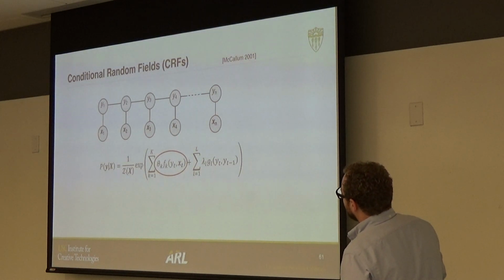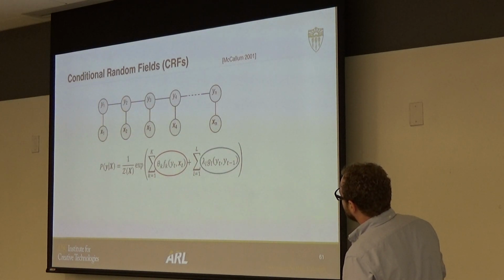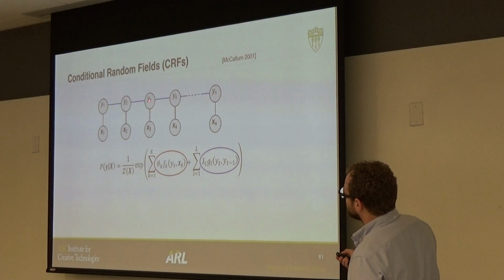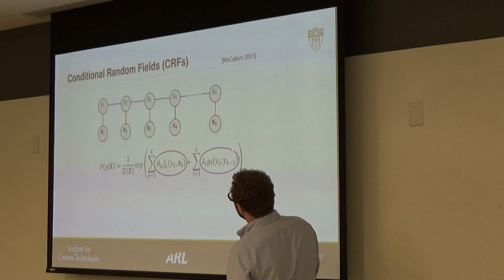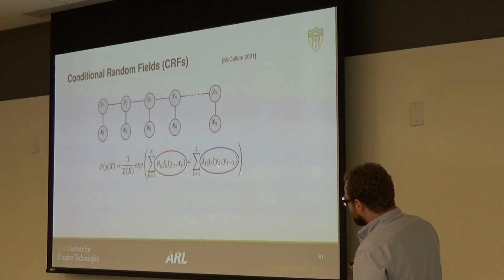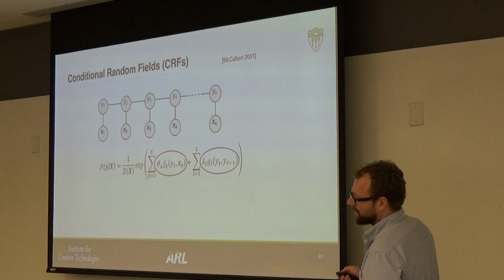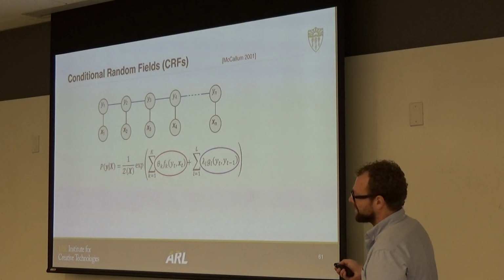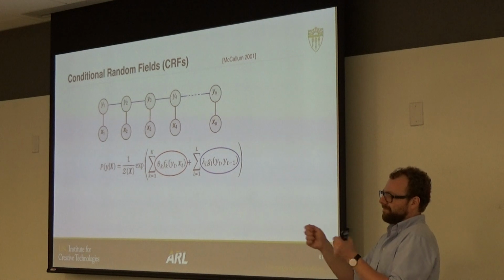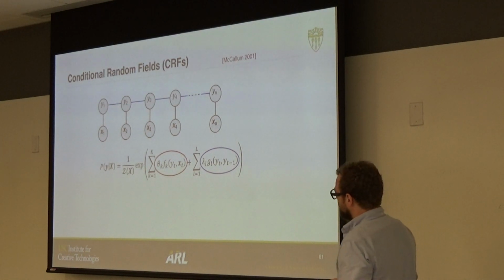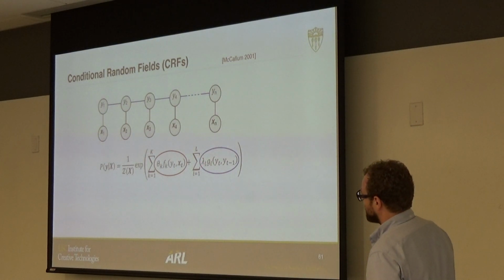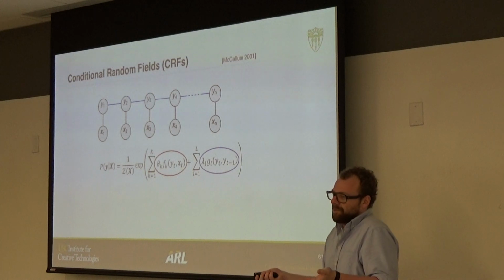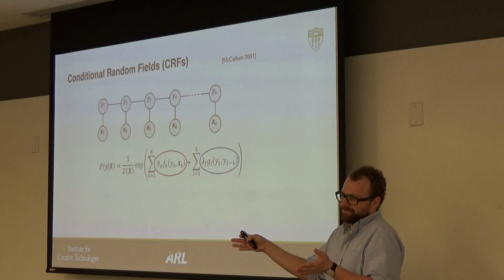But now we also have these things where we can transition between dominant, non-dominant, dominant, non-dominant, dominant, and so on. So that now has an additional term where we again have feature functions, but these are transition functions, and they have again some weights associated to them. They could be transition probabilities from going from one class to the other. Okay?